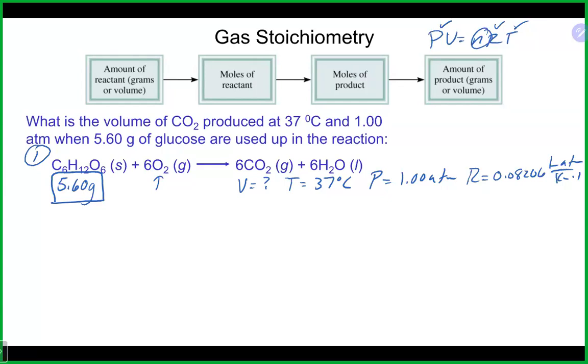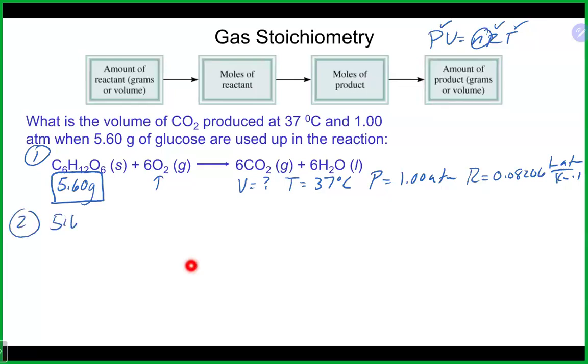So we're going to get the molar mass of C6H12O6. We have 6 times 12.01 plus 12 times 1.008 plus 6 times 16. And we're going to convert into moles.